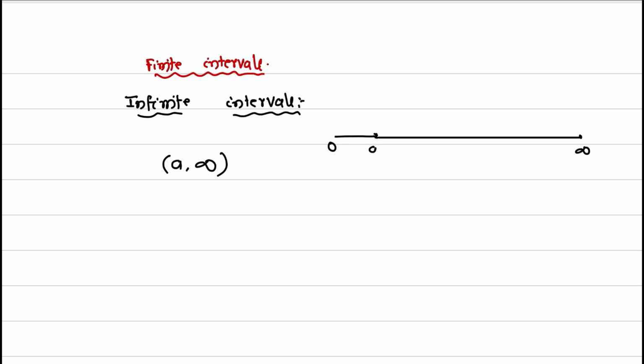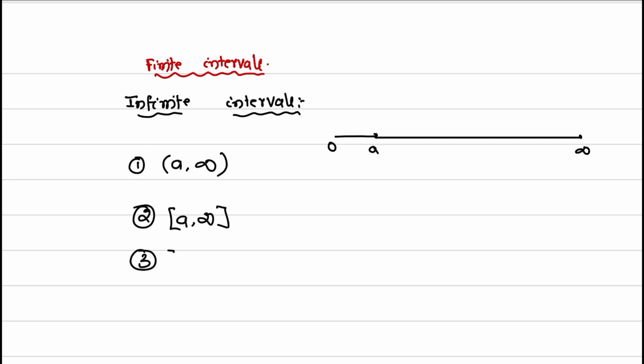It is an open interval. Here at A also it is an open interval. A is not included. A is excluded. For example, this is the first, and the second can be: A is included, but on the right hand side it is infinite.